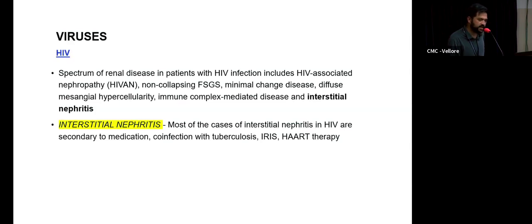Most of the cases are multifactorial in terms of how they cause interstitial nephritis. It can happen secondary to, let's say, tenofovir disoproxil that you give, so usually we say that alafenamide is better.